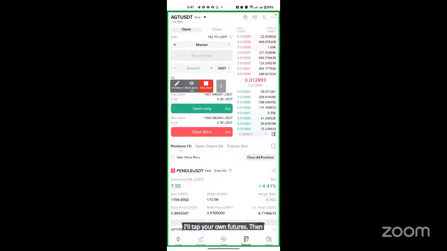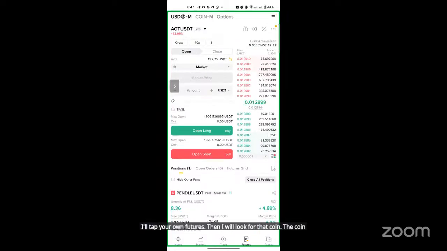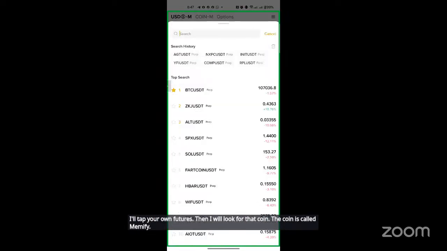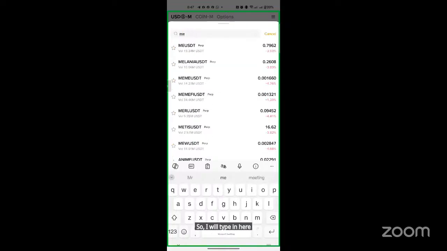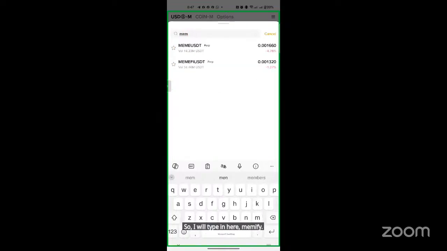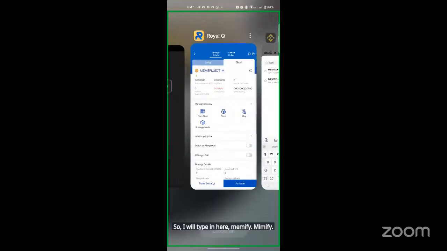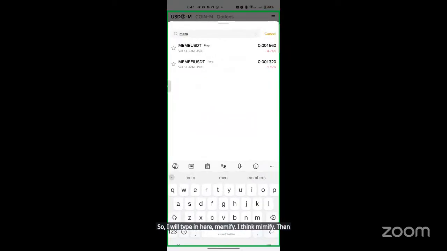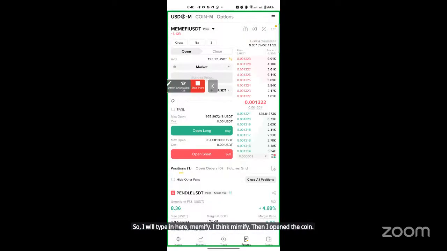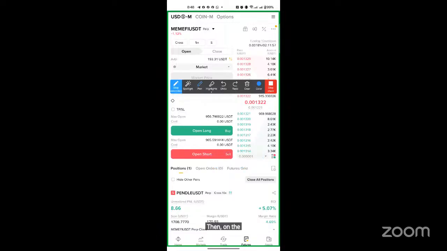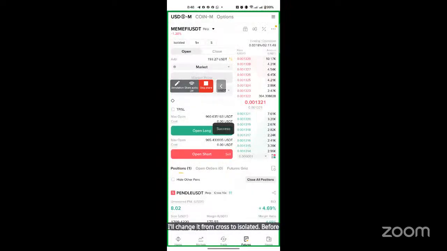Then I'll look for that coin. The coin is called Memify. So I'll type in here Memify. Then I open the coin. Then on the top corner here, since I want to trade a second coin, I'll change it from cross to isolated, before I set the coin.